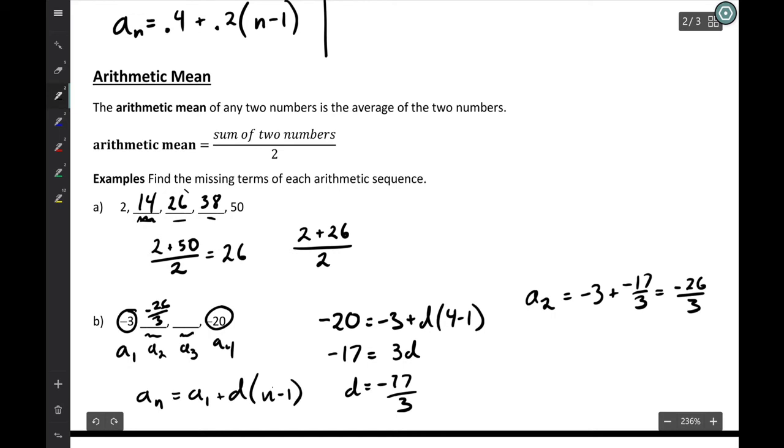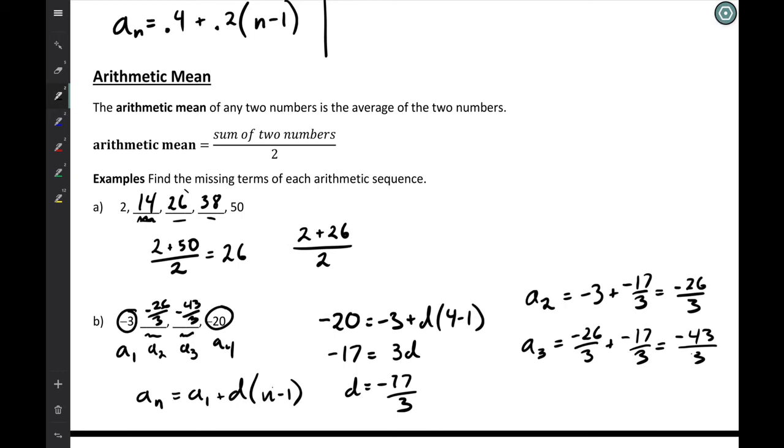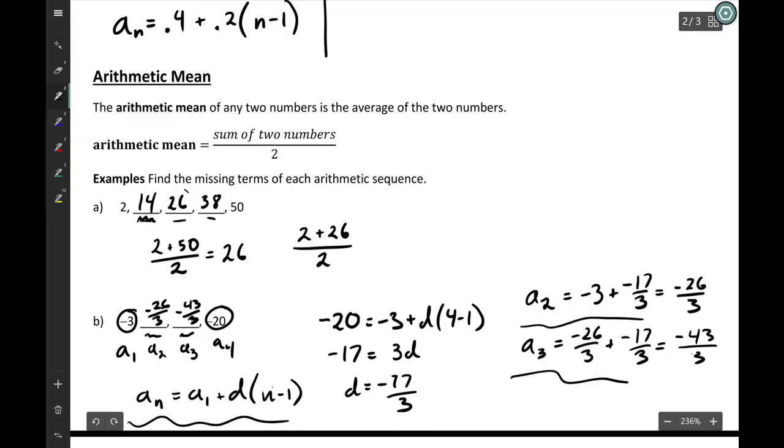And then the next one, a sub 3, is equal to a sub 2, which is negative 26 over 3, plus my common difference, negative 17 over 3. And this is going to be negative 43 over 3. So I used both my explicit formula and the recursive definition to find the missing values. So both are kind of handy.